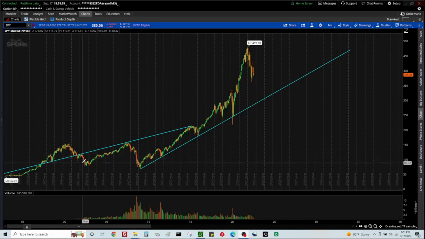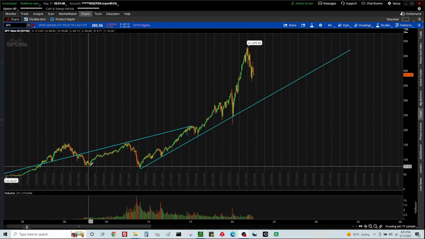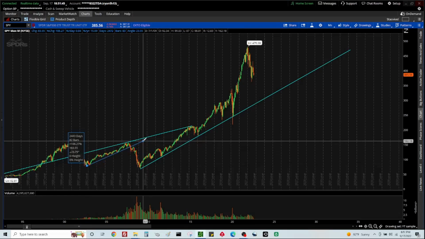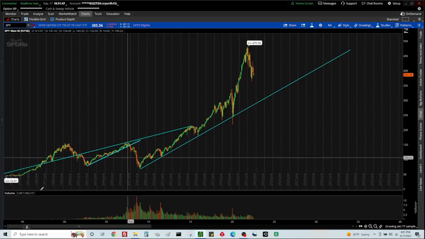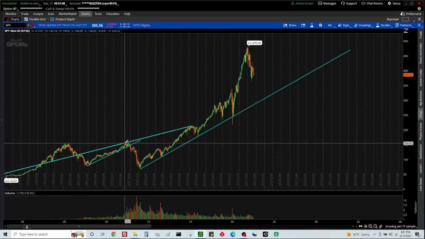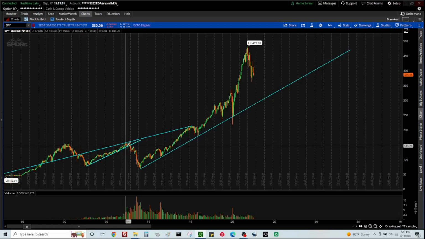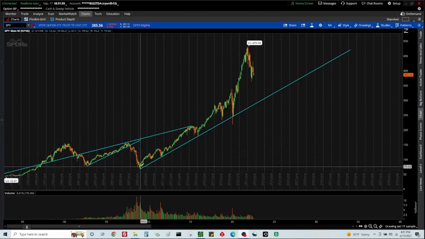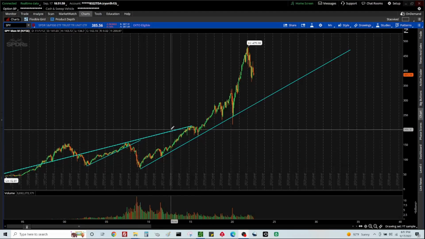It could not break back up. And then we were in a long ascending wedge, which means it kind of just bounces up in here, and then it attempts to break this area right there, and it does not, and it tanks right through. And then we have this is our original line of support.